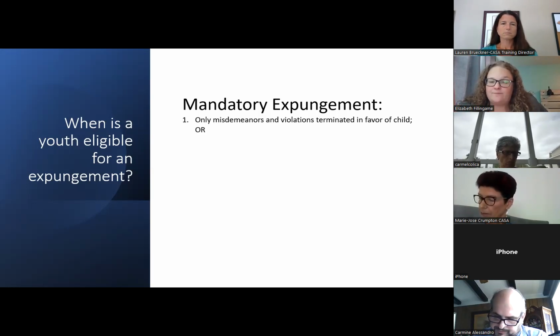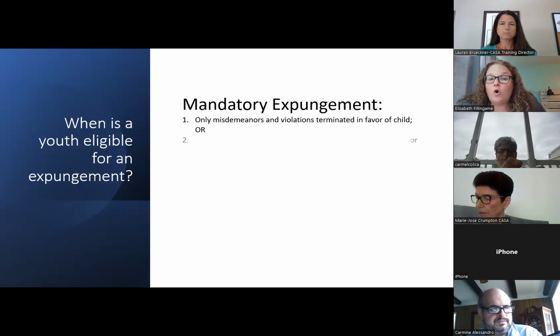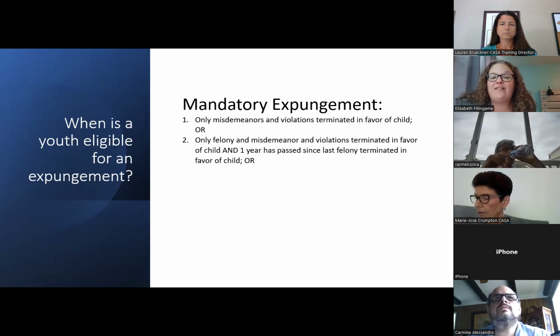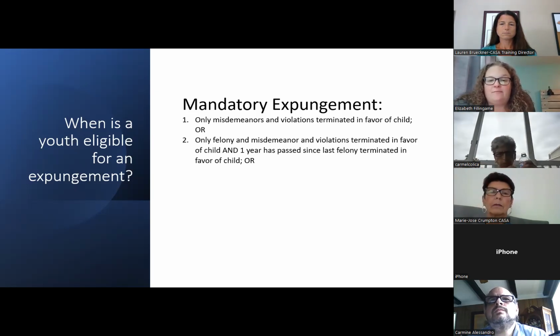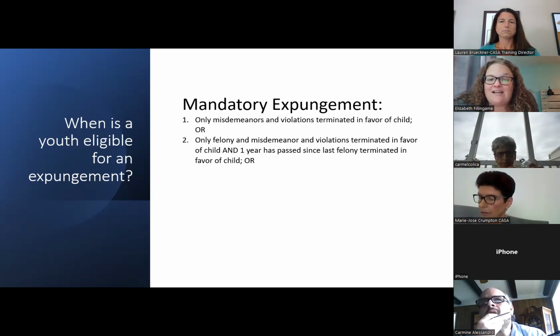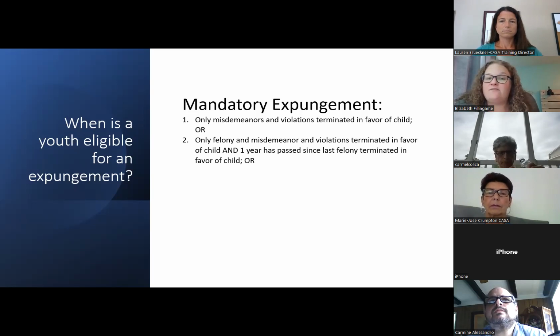So that's one way to qualify for a mandatory expungement: misdemeanors and violations terminated in favor of the child. Or only felony and misdemeanor violations terminated in favor of the child, and a year has passed since the last felony was terminated in favor of the child.